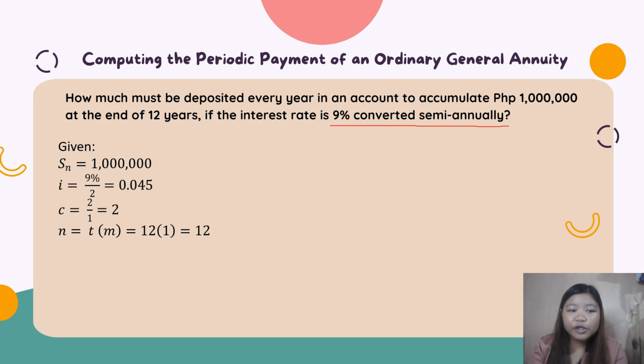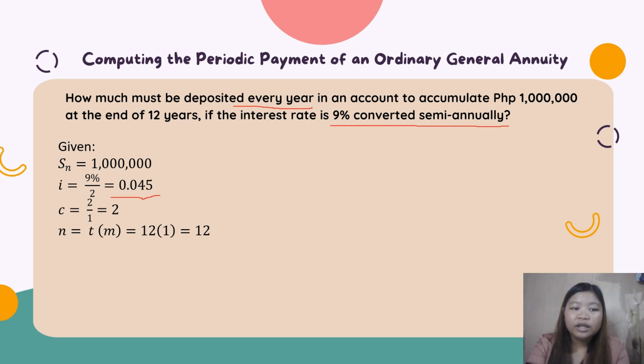So we have 0.045. Then for our C, which is equal to 2 over 1, because the 2 is the number of conversion per year, so we have semi-annually. Then all over 1 because he will pay every year.